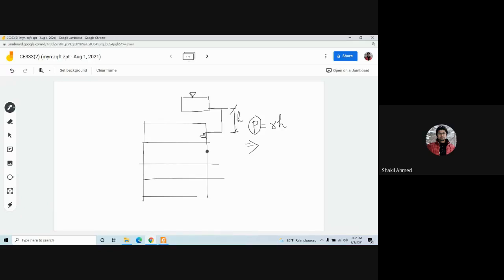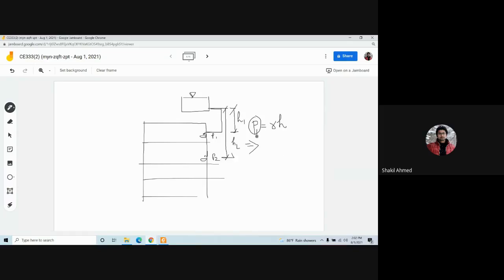Now you tell me, there is another fixture here. Here it is P1, here it is P2, here it is H1, and here it is H2, right?